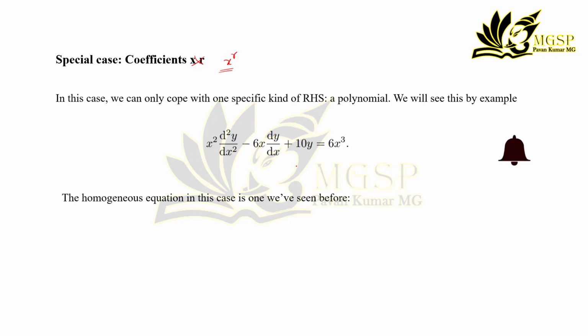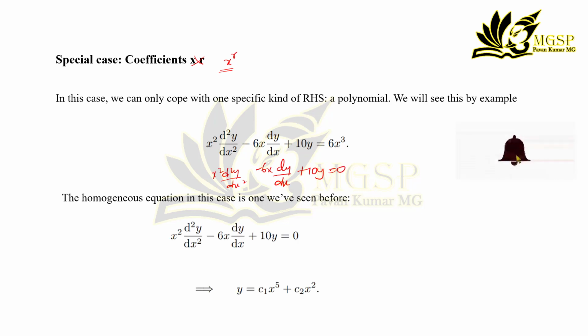The homogeneous equation in this case, one we have seen before, is x square d square y by dx square minus 6x dy by dx plus 10y is equal to 0. What we are going to do is take the form y is equal to x power m and find this value. You will get m into m minus 1 minus 6 into m plus 10.